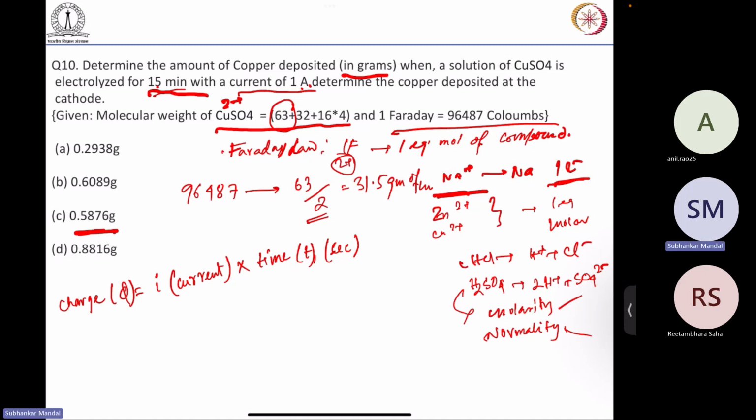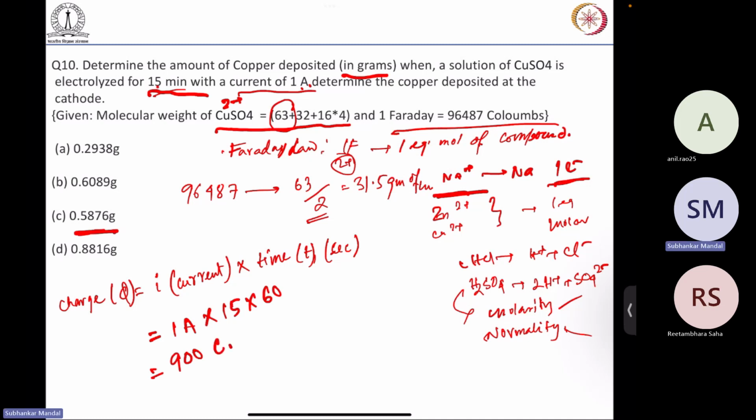Now how much charge I have to calculate. So this is 1 ampere current into time, 15 minutes into 60, that is seconds. So it is 900 coulomb.